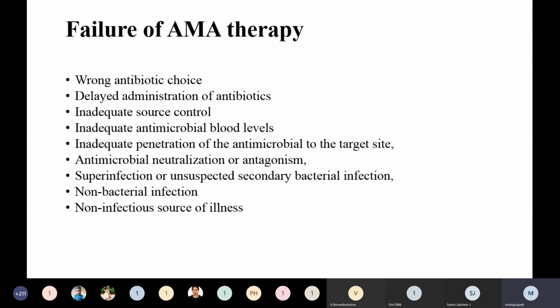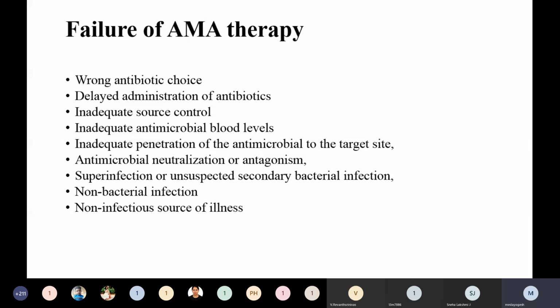if the antimicrobial blood levels are inadequate, your drug is not able to reach the site of action. There may be antimicrobial neutralization, or what we call antagonism. There can be unsuspected secondary bacterial infection, or there could be superinfection. Next is non-bacterial infection.